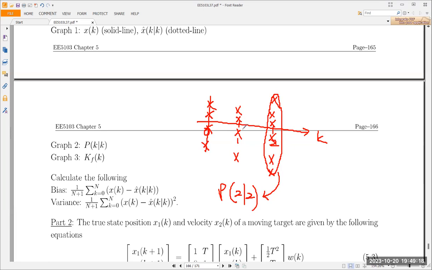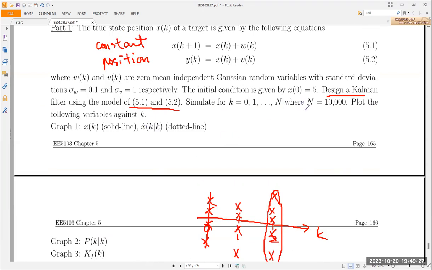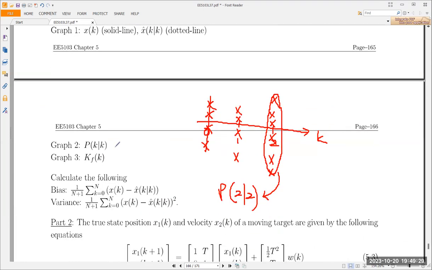Okay. So this PKK, if you plot a graph, since I ask you to plot all the way up to 10,000, so this PKK, you will basically plot, I don't know what value, but you will go up to, let's say 10,000. Then this is PKK. So K equal to 0, 1, 2, 3, all the way.